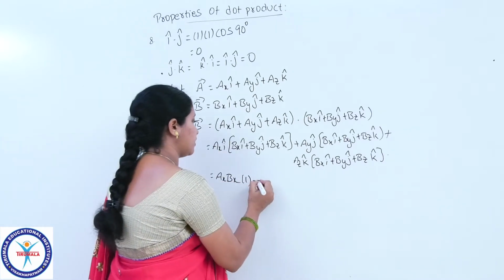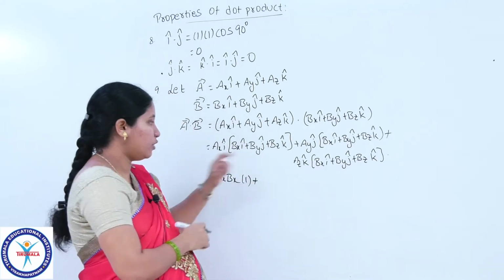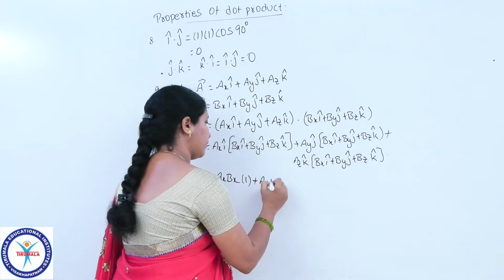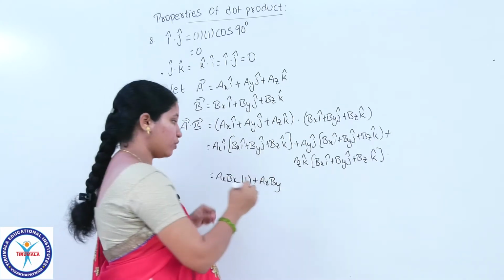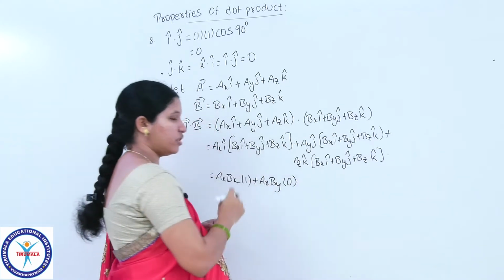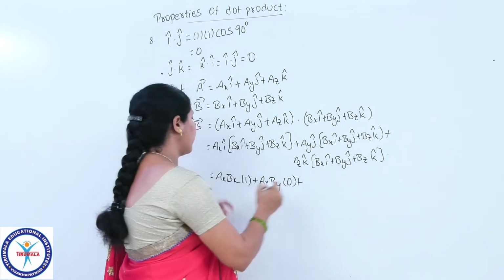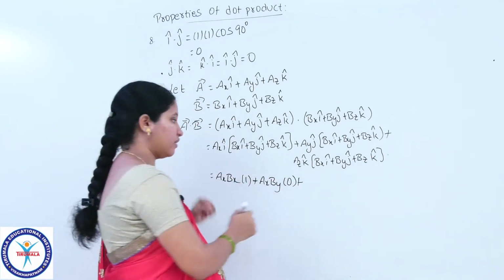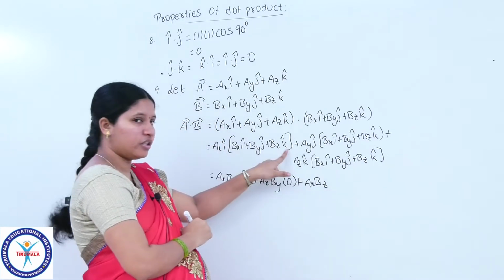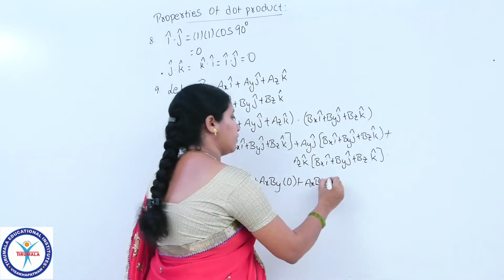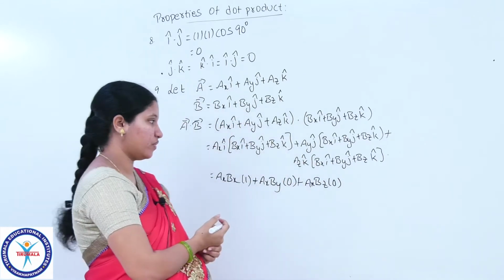The next one is ax into by, and i dot j is 0, so into 0, plus ax into bz, and i dot k is 0, so into 0.